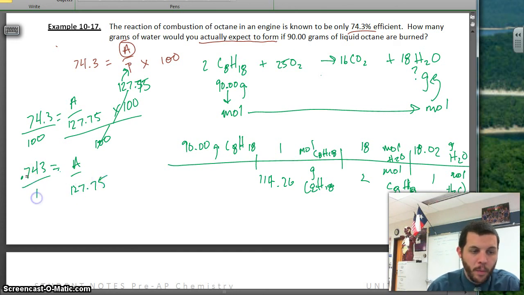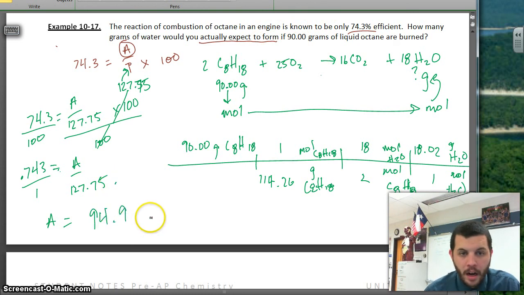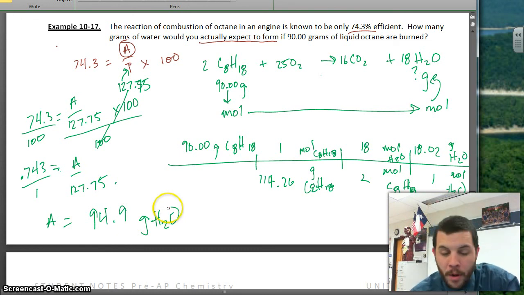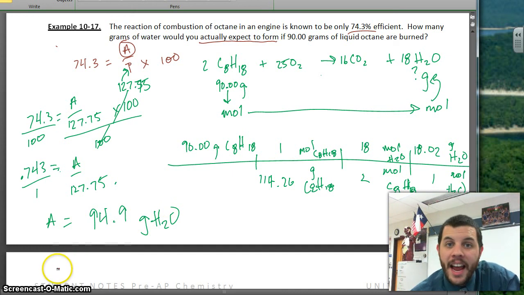You put that over 1 and cross multiply, so A equals 0.743 times 127.75. We get 94.92. Actually, sig figs, how about 94.9 grams of H2O. So that, my friends, is how we do this kind of problem. We'll practice it in class and have a great time.